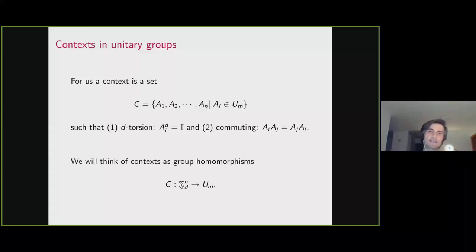Since the domain has these detorsion elements, the operators in the image are going to automatically satisfy condition 1. And since the domain group is abelian, a commutative group, the target is going to consist of commuting operators. So conditions 1 and 2 are automatically satisfied by looking at contexts as group homomorphisms.